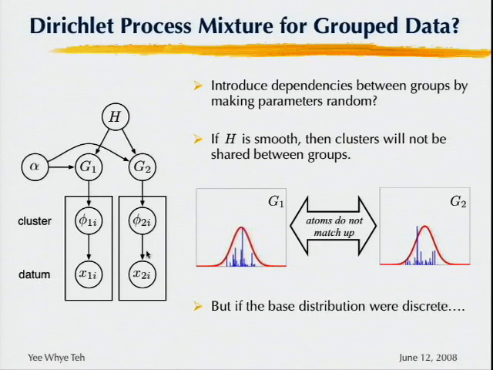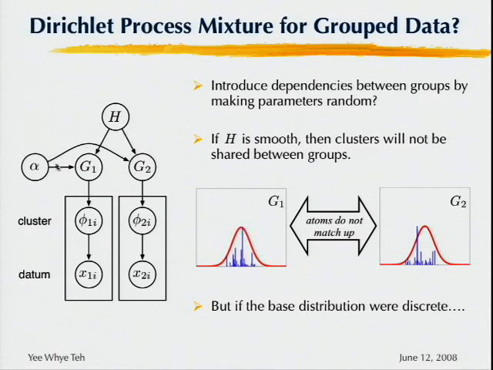Right? So you might make this into a hierarchical Bayesian model by saying that the common parameters of the two Dirichlet processes, so the base distribution and the concentration parameter, you can induce sharing of information across these two groups by letting both of these be random variables. Okay.